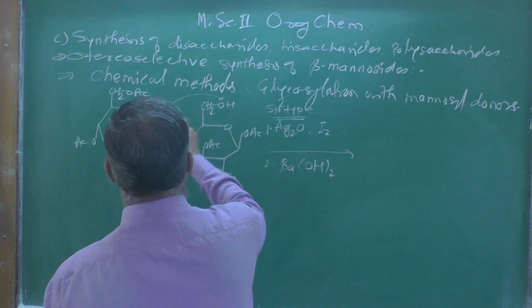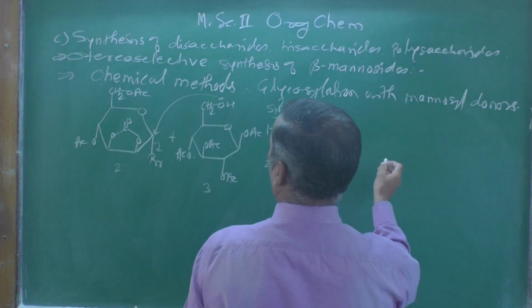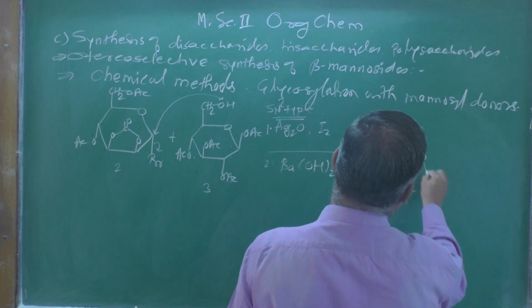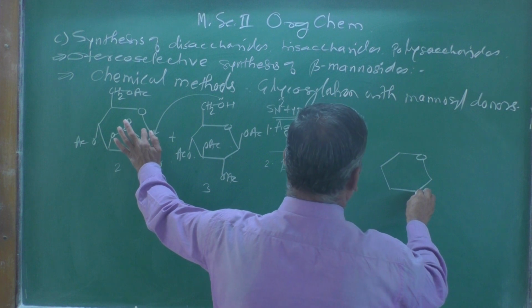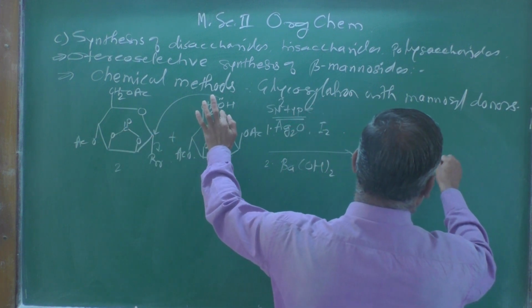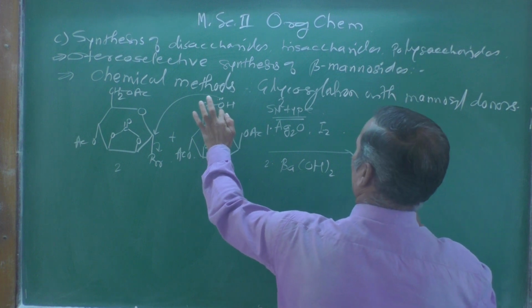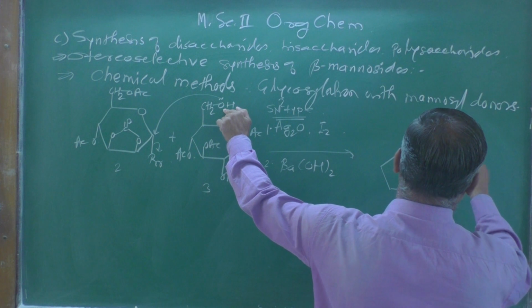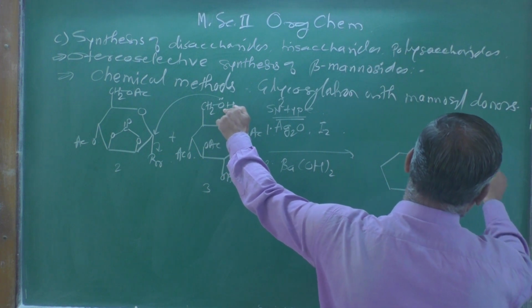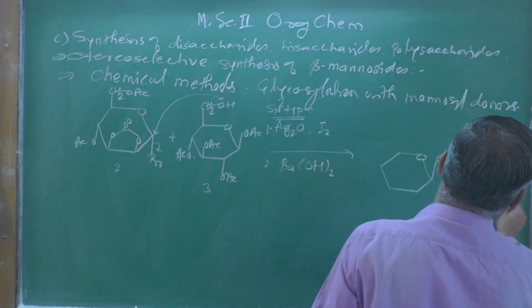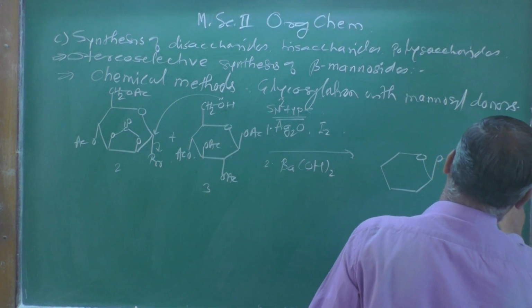So let us see over here. What type of product do you get? This part we can show as it is here, but when it attacks over here, there would be this oxygen atom and then CH2, and the other part you can write as it is here like this.